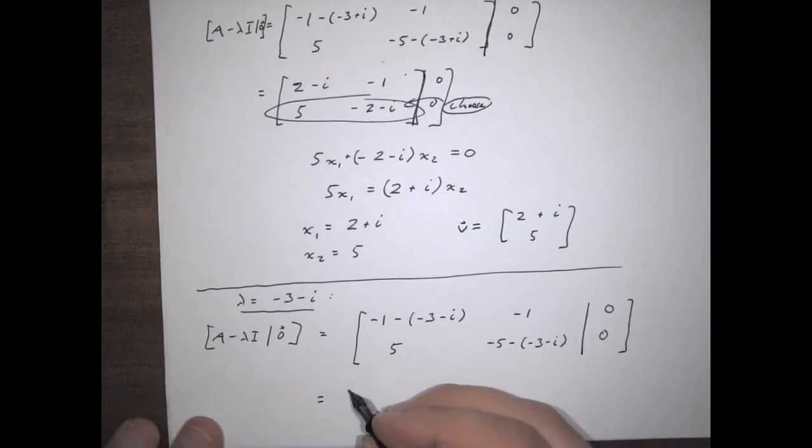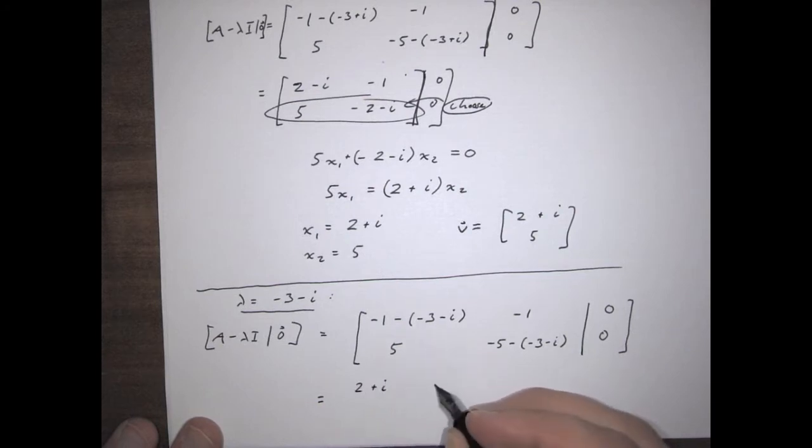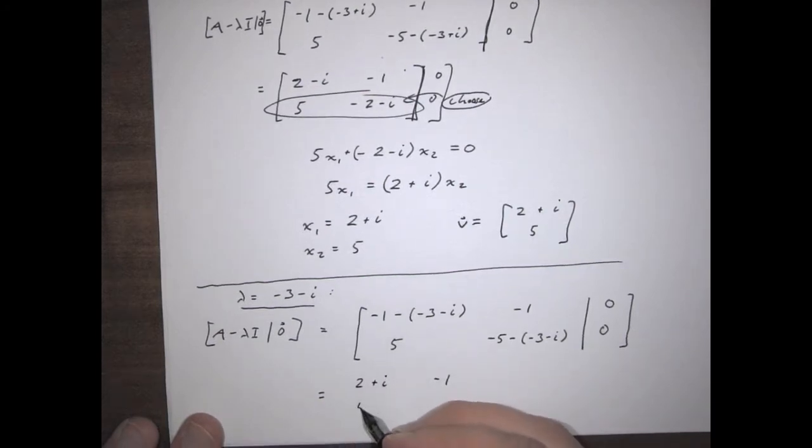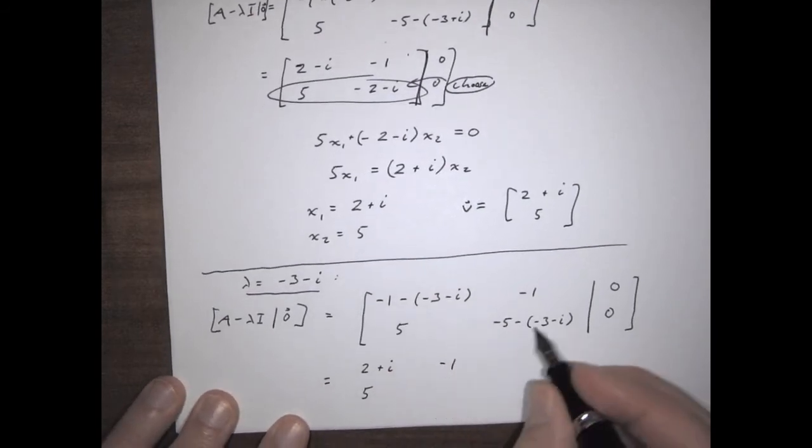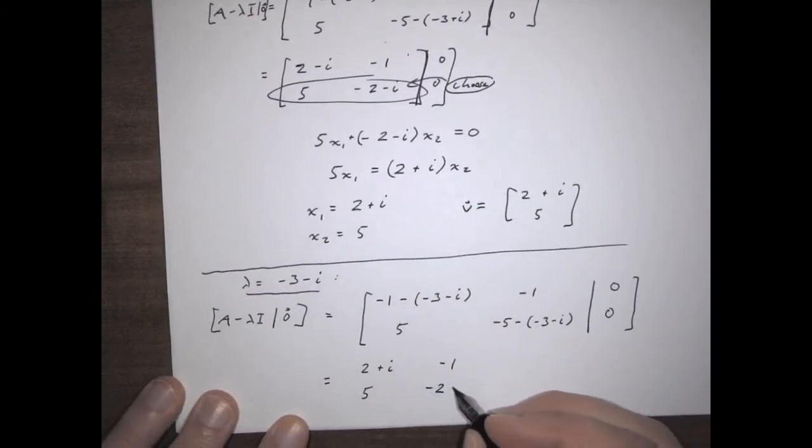And then this will equal 2 plus i, negative 1, 5, and then negative 2 plus i.